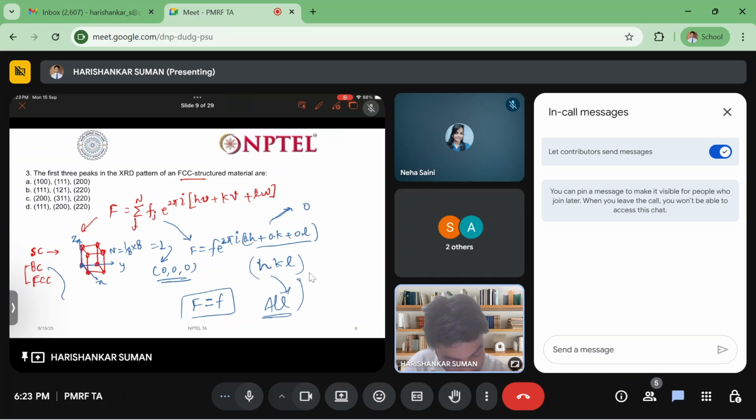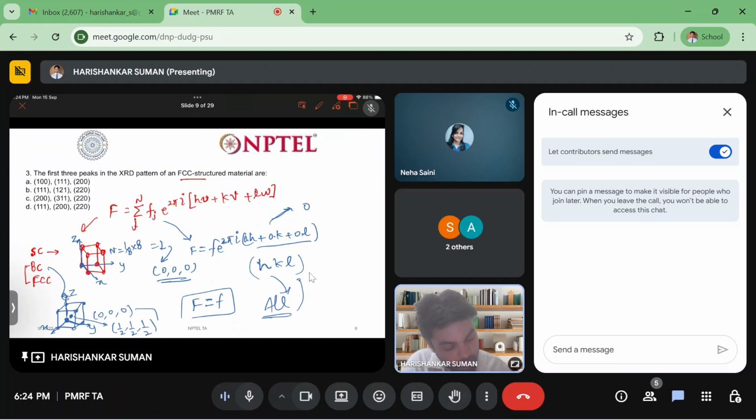Let me tell you the structure first. In body centered, let's say XYZ, one atom is at 0, 0, 0 position and another at the center position, which is half along x, half along y, half along z. So there are two atoms contributing in the body centered structure.